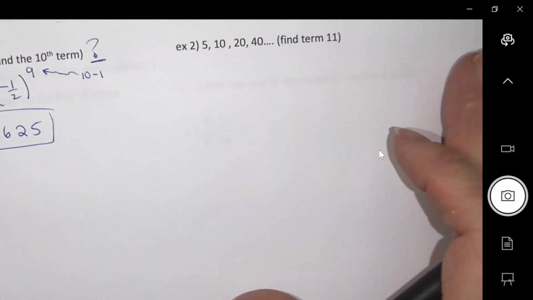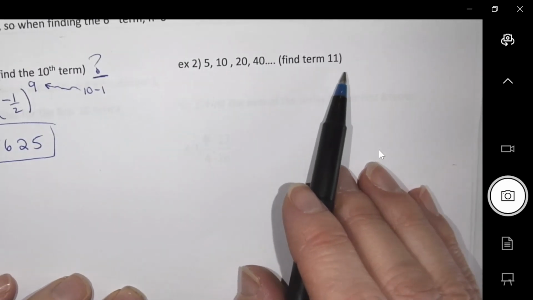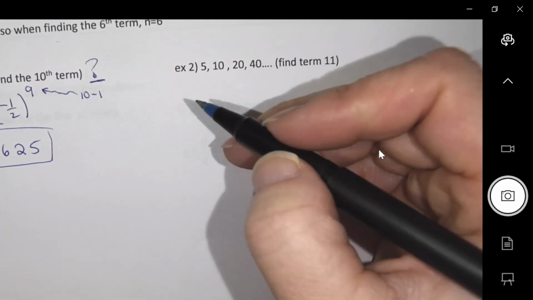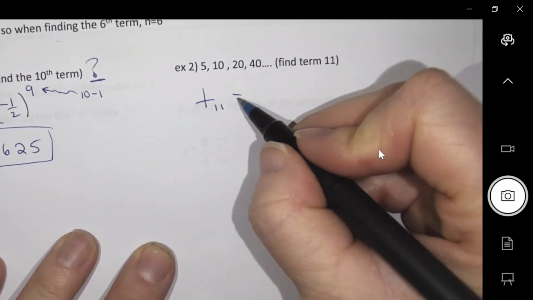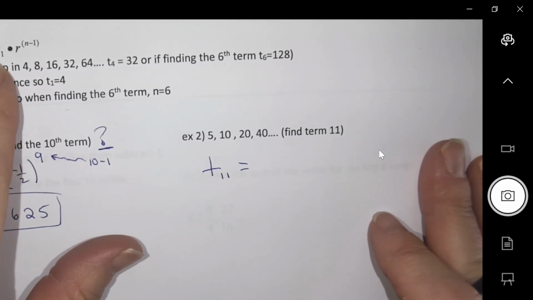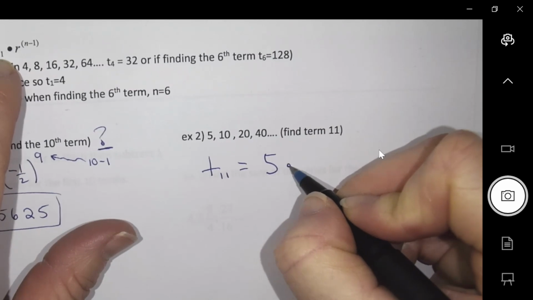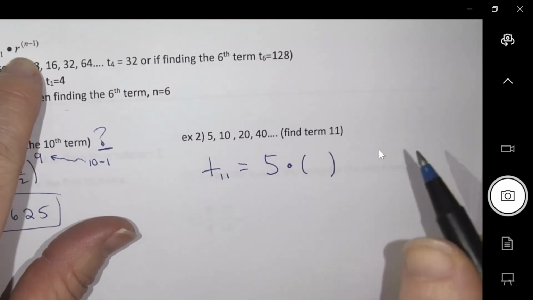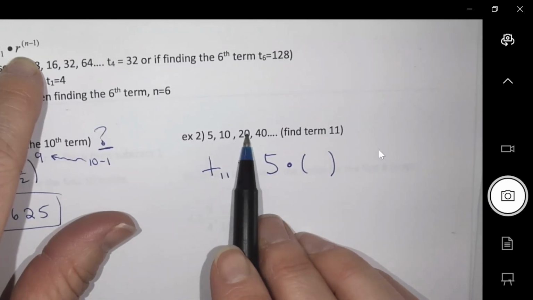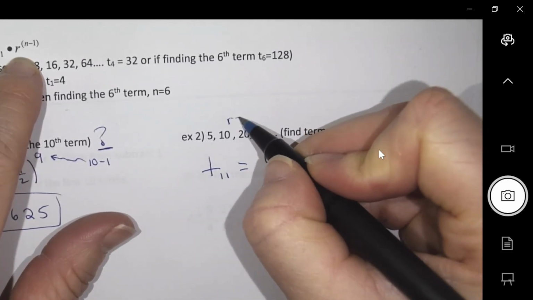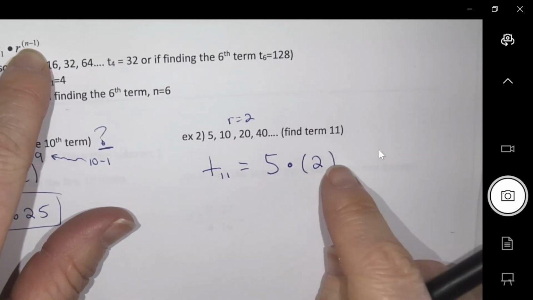Okay, number 2. I'm trying to figure out what the 11th term is if I keep going. So term 11 equals term 1, so 5, times the r. Looking at my sequence, what am I multiplying by? 2. To the exponent.